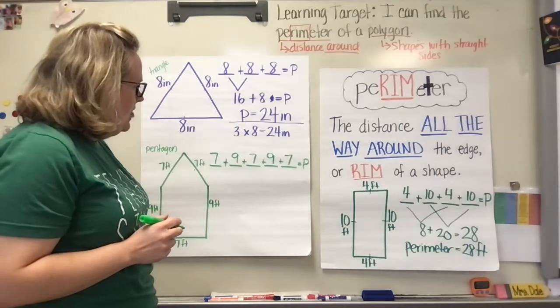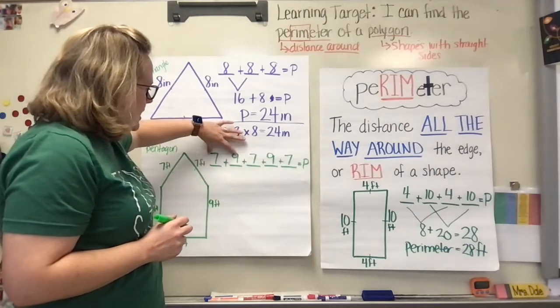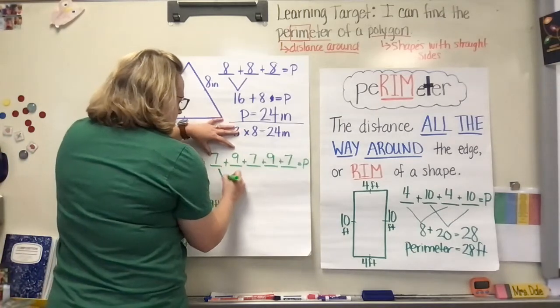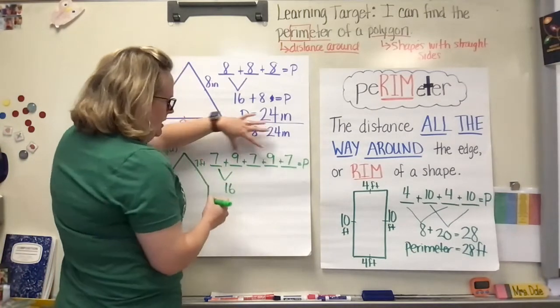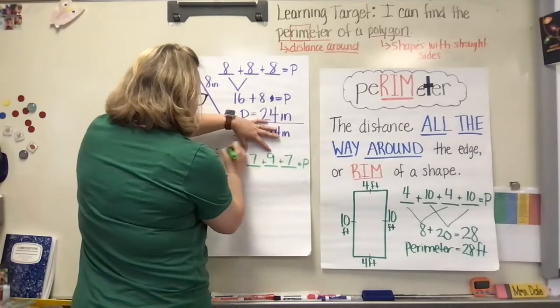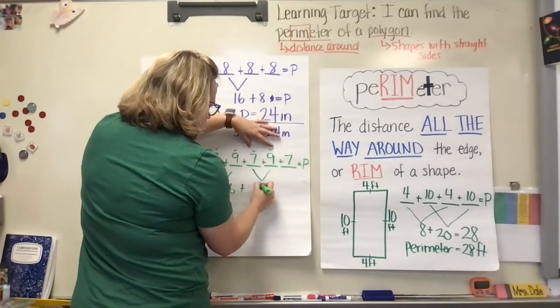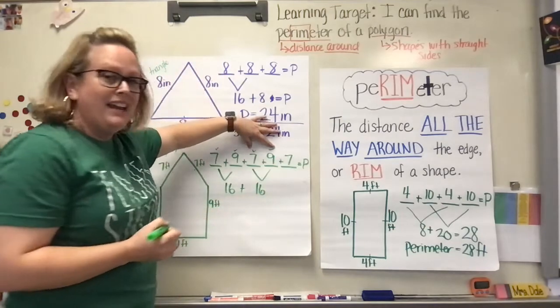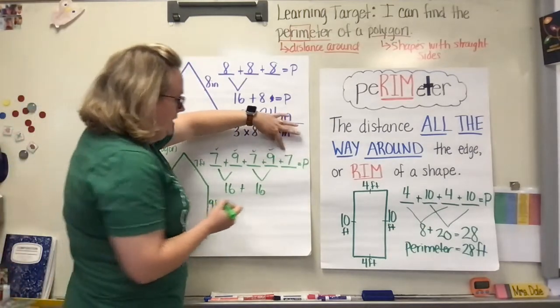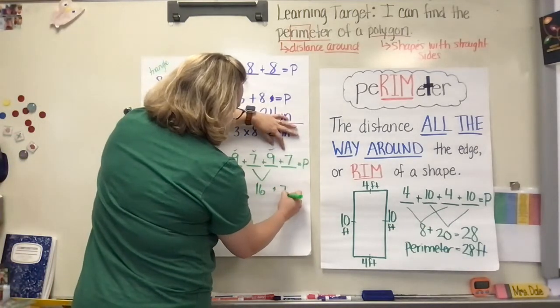Well, I know that 9 and 7 is 16. So that's 16. And here's another 7 and 9. I like to put a little check mark when I've accounted for them because I don't want to leave a side out. And then I still have my 7 over here.